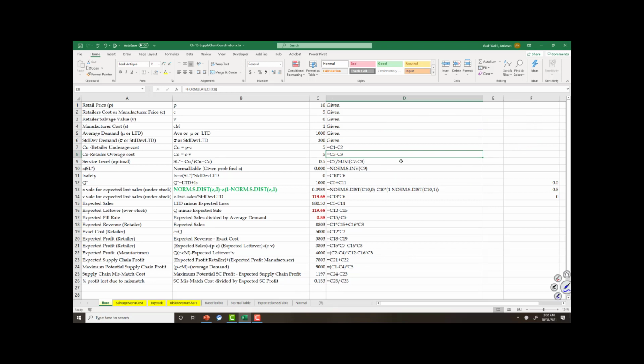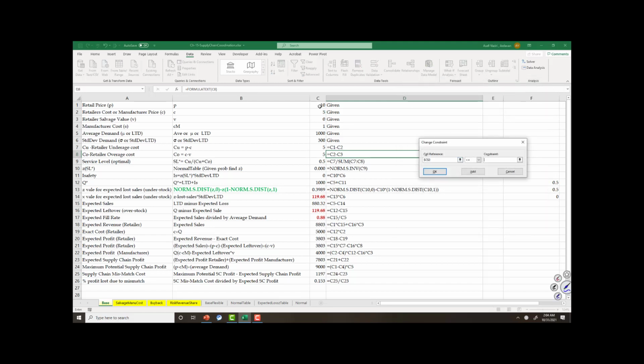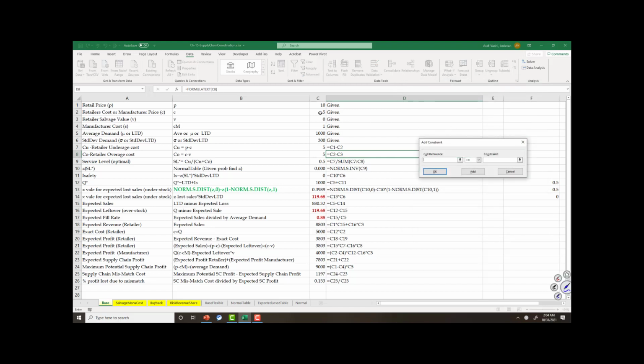Let's go back to this problem. Go to Solver. Maximize supply chain profit by changing the transfer cost that the manufacturer charges the retailer, and make sure this cost is less than the retailer sales price, and make sure that this price is greater than or equal to the manufacturer cost.